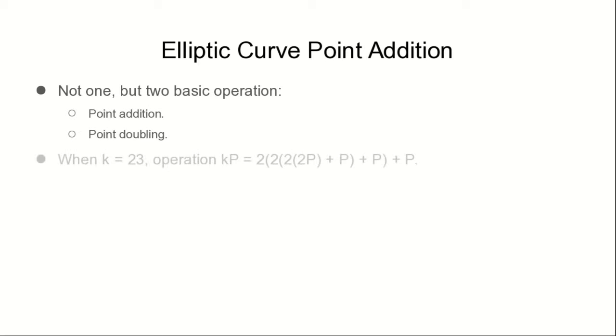Then when k equals 23, the operation k times P can be expressed as double P plus double double P plus double P plus double P plus P. Then with any value of k, we can compute kP by using just these two operations.